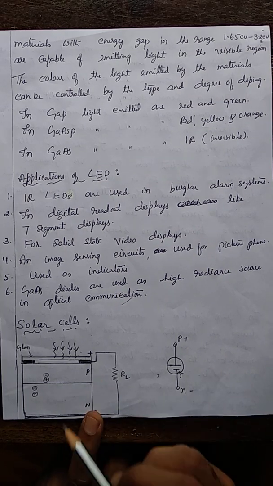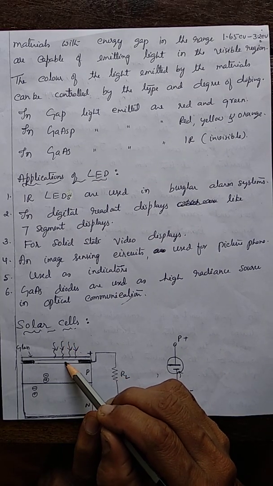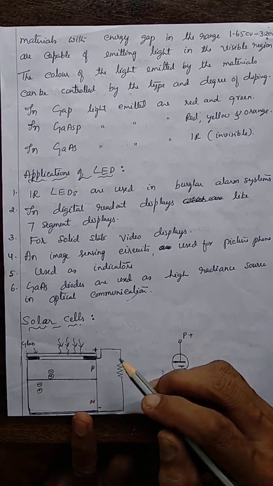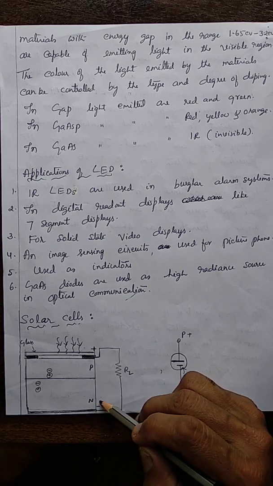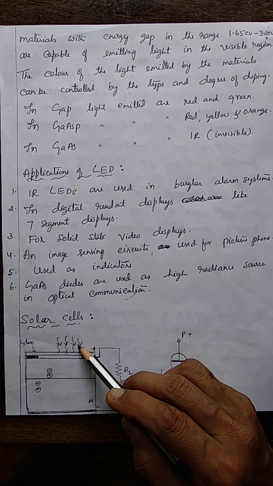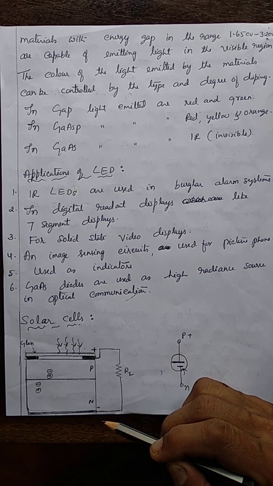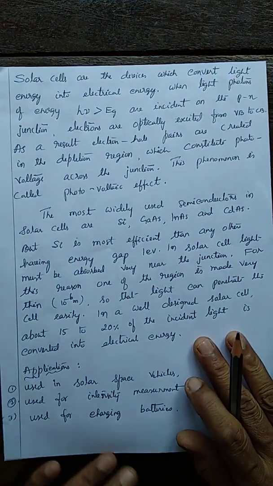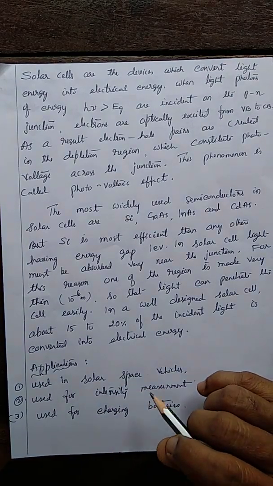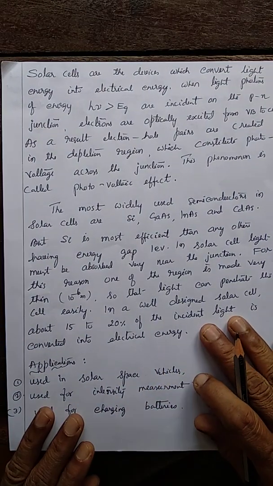Here, whenever light is incident, suppose incident light is having energy, say h nu, more than the energy gap of the given semiconductor used here. If the incident light has energy more than the energy gap, then the electrons in the depletion region absorb light and move from the valence band to the conduction band.